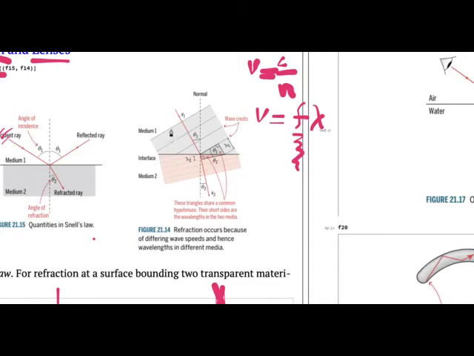So here will be a low index of refraction. Here will be a high index of refraction. So this might be air and water. These are the wave crests. Well, this wave is traveling faster than this one because this has a small index of refraction.